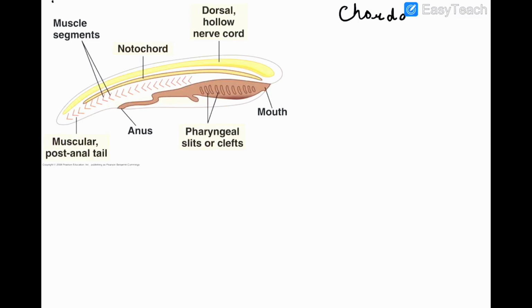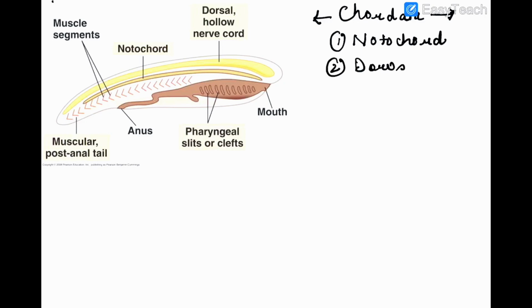Today we will discuss phylum Chordata. Chordata are the animals with a notochord, a dorsal tubular nerve cord, and pharyngeal gill slits.